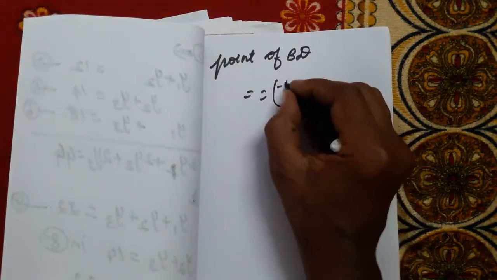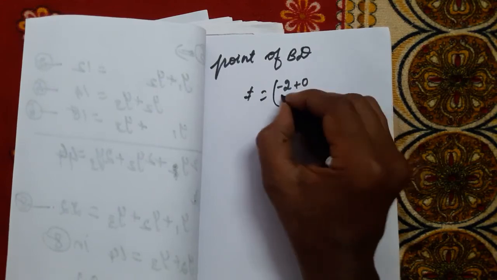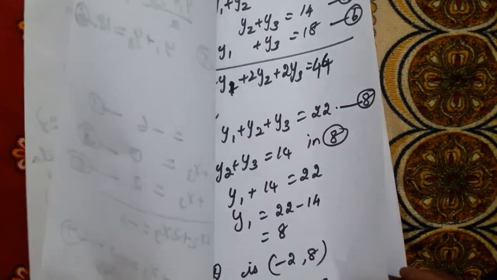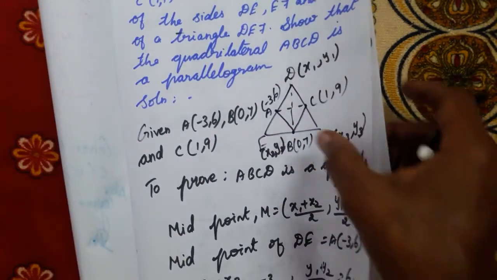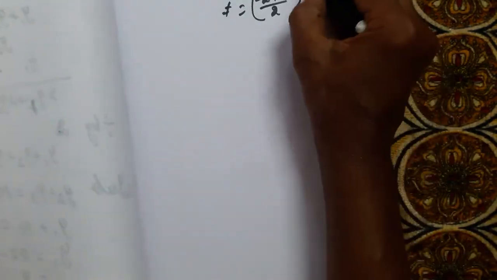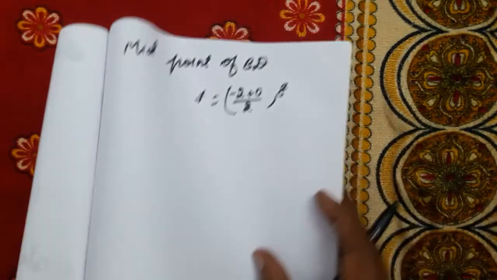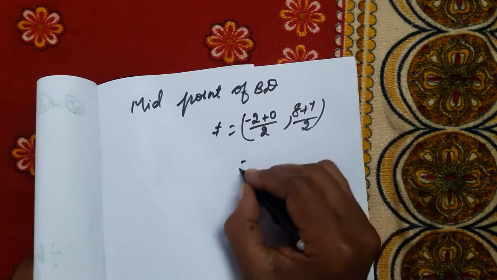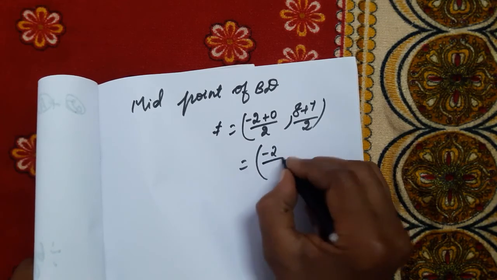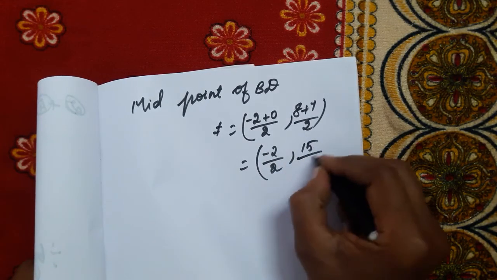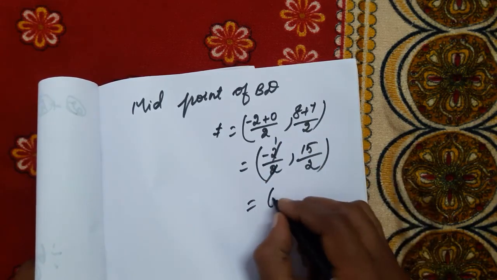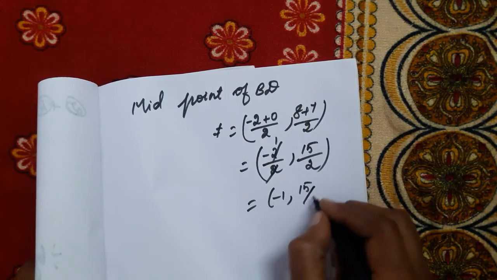So the midpoint of BD is ((-2 + 0)/2, (8 + 7)/2) = (-2/2, 15/2) = (-1, 15/2).